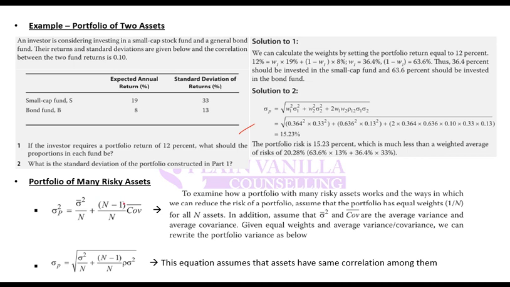So moving on, there is another way to find portfolio risk of a portfolio of many assets.